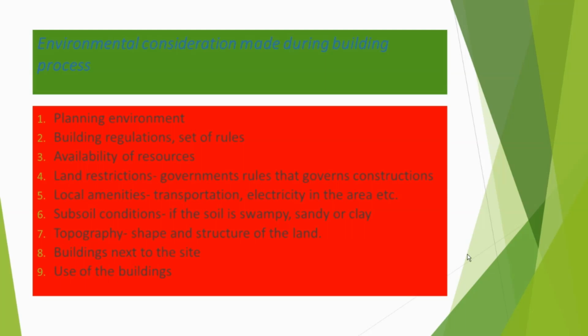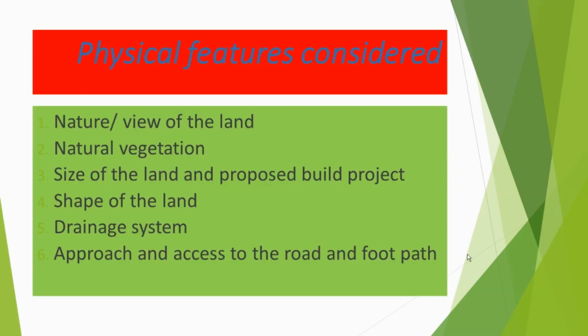We consider if the soil is swampy, sandy, or clay. Then we'll consider topography, where we'll consider the shape and the structure of the land. Then the second last, we will consider the building next to the site. Then lastly, we will consider the uses of the building.